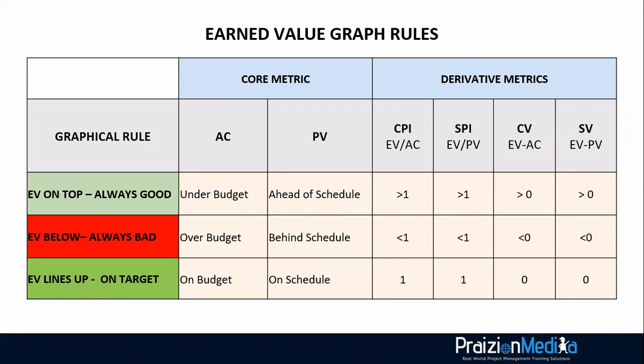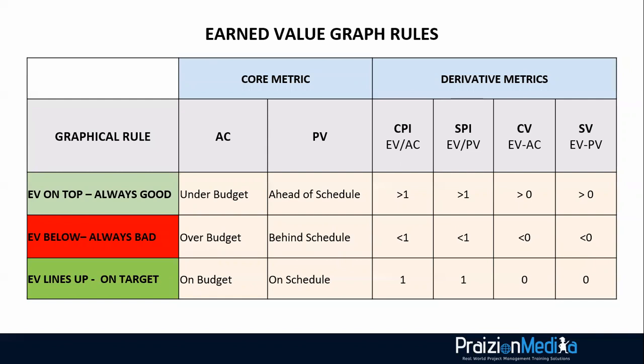Once you understand this, my friend, you can take on any graph, whether it is story points, whether it's cost related, or even resource related. Okay, let's take a look one more time at a slightly different graph.